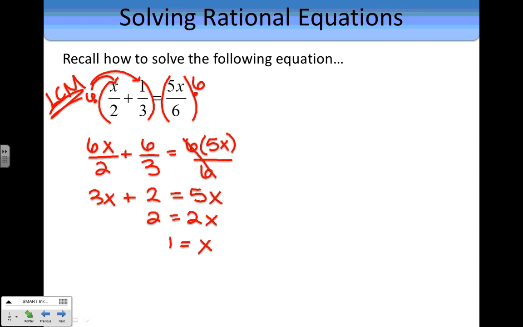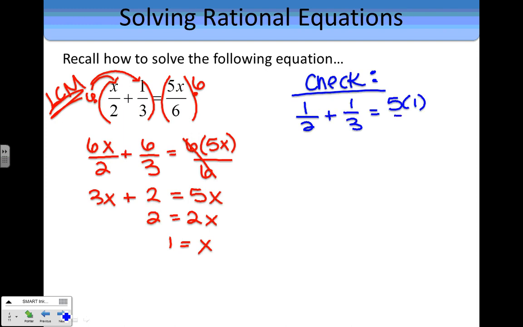Okay. But of course, we always want to check to make sure that this answer works. So let's check our answer. I'm going to plug 1 back in for x to make sure that the two sides are equal when x is equal to 1. This is a great habit to get into to make sure that you've done this right.